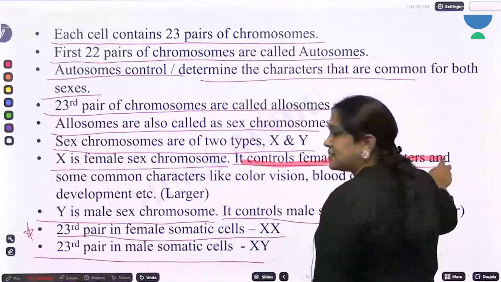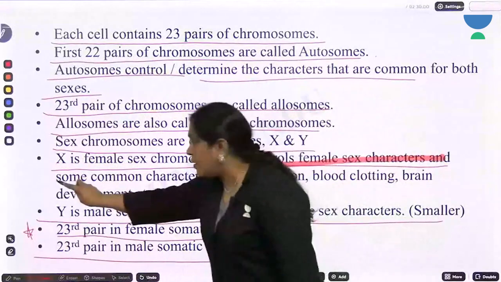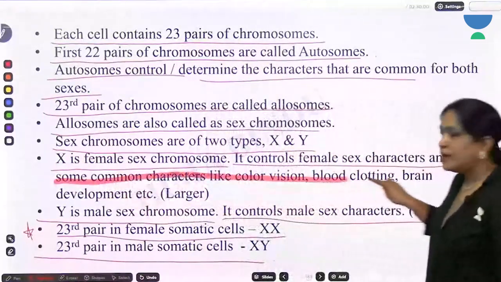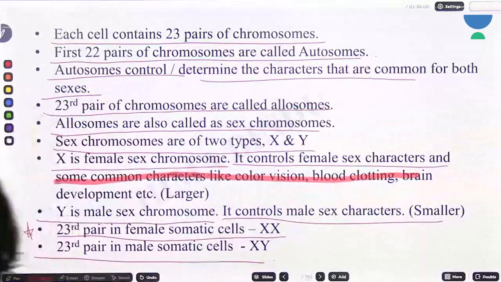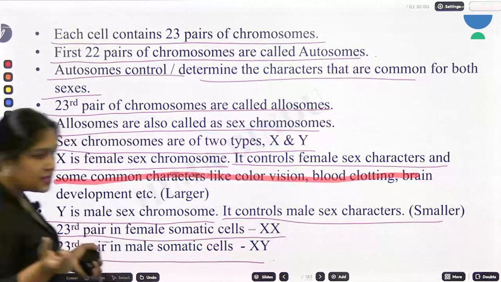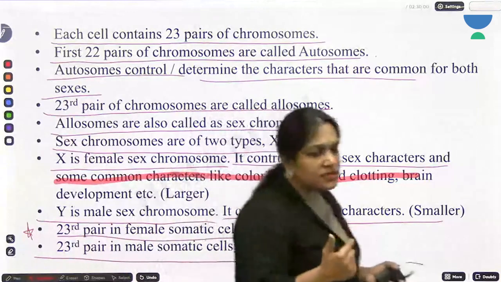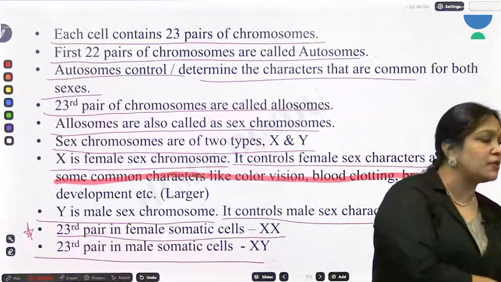It controls female sex characters, but it will also control some common characteristics. Common characteristics means something which is common between male and female, like color vision. I mean, we see red and green colors, different colors. We are able to see the colors because of some genes on the X chromosome.